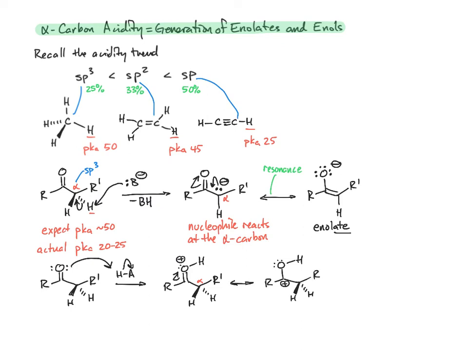And then we're going to use the conjugate base of our original acid to abstract a proton from the alpha carbon. And essentially what this is doing is an elimination.